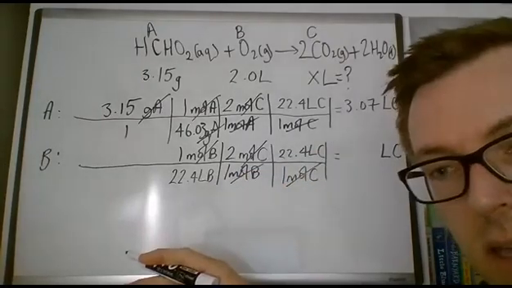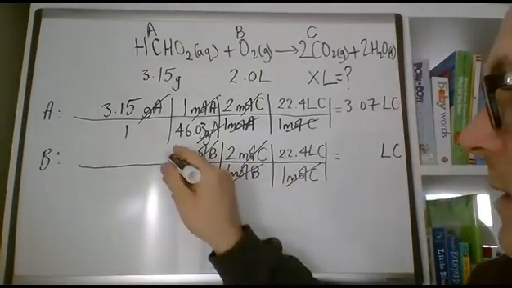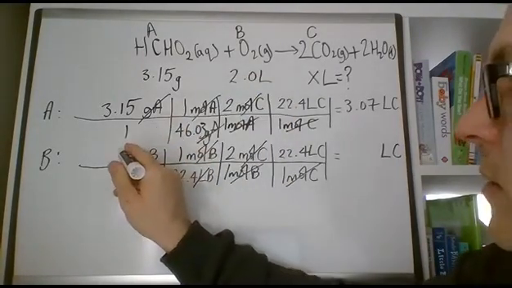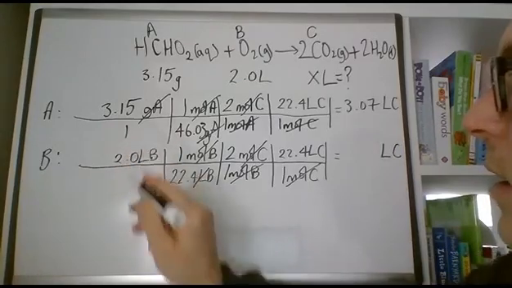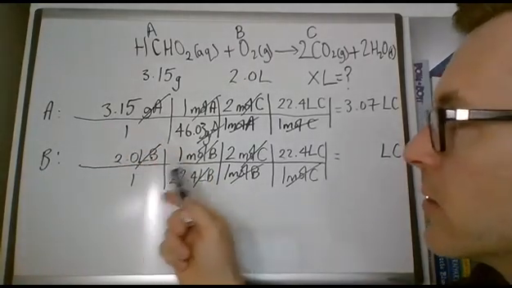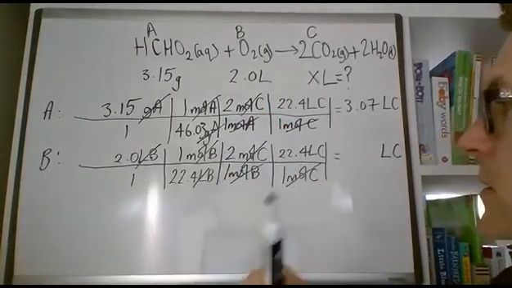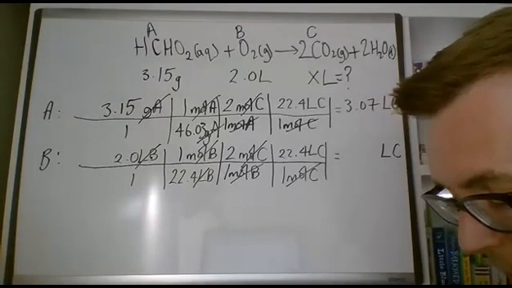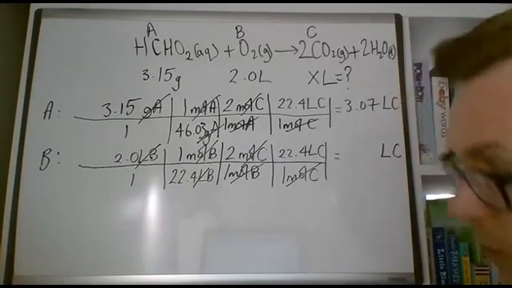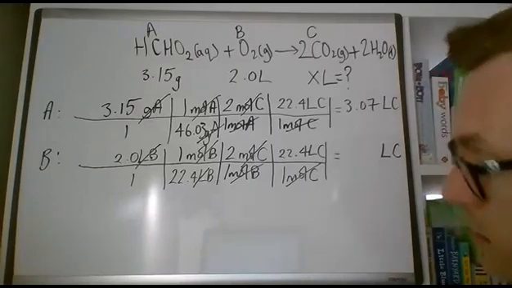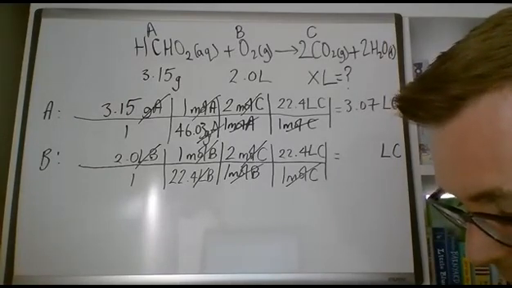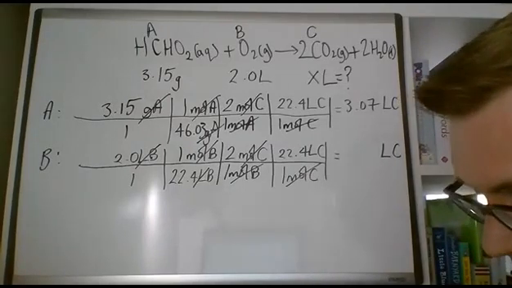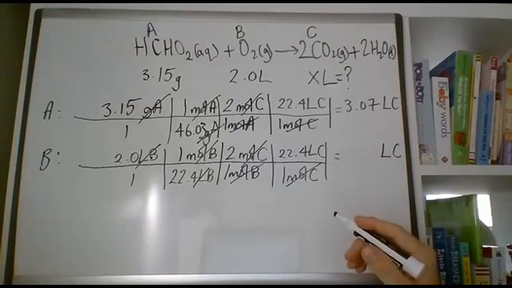It's true for any ideal gas under standard temperature and pressure conditions. Now I can use my input. So 2 liters of B goes as my input. So now I can run through the numbers. 2 multiplied by 2 multiplied by 22.4 divided by 22.4. Okay, so this just gives me 4.